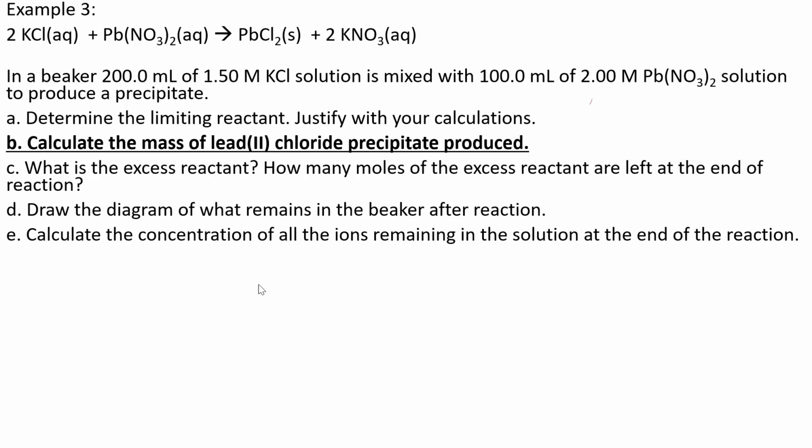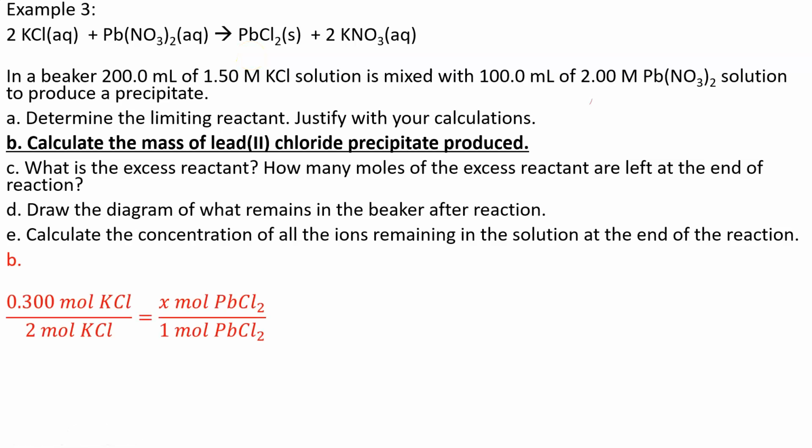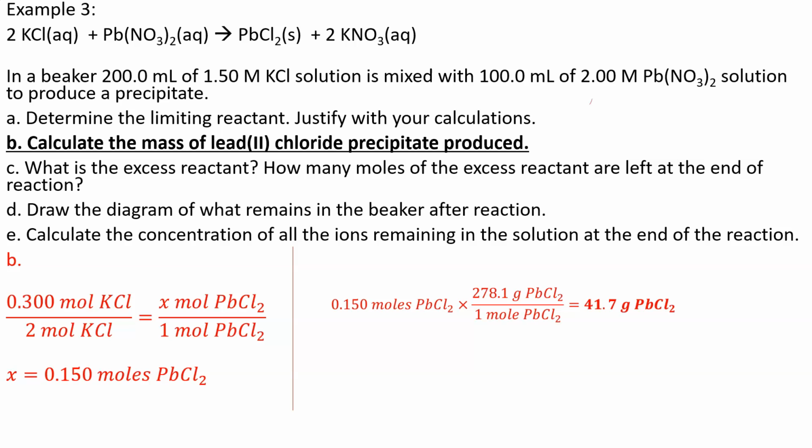Don't forget to label your units, of course, equals X for the moles of lead 2 chloride over 1 because there's no coefficient for PbCl2. That gives us 0.150 moles of PbCl2. We want to know the mass, so we're going to have to multiply by the molar mass. And you get 41.7 grams of PbCl2.